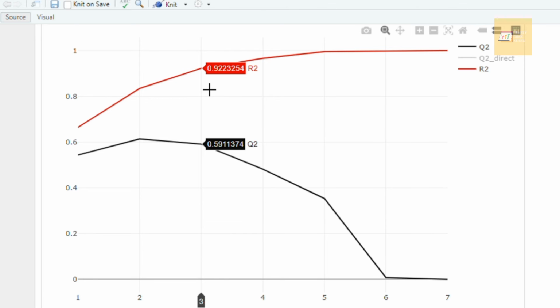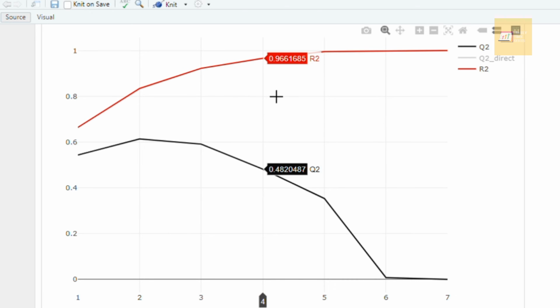So the 0.92 here means that using 3 principal components instead of using 7, we can explain 92% of the whole dataset. That means if we use 3 principal components or 3 variables, we have a better chance of getting good imputation.